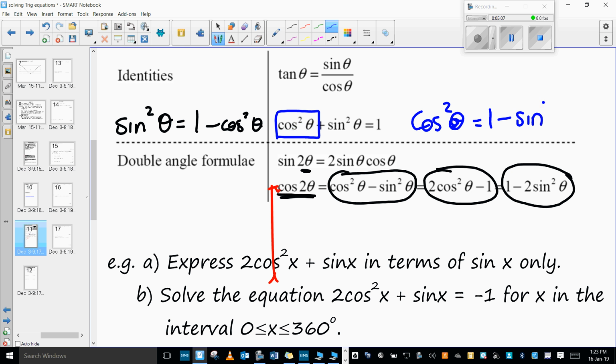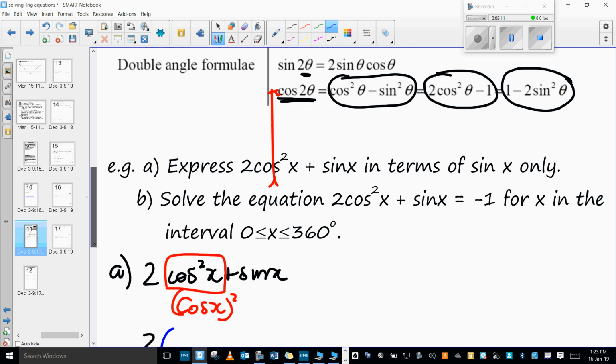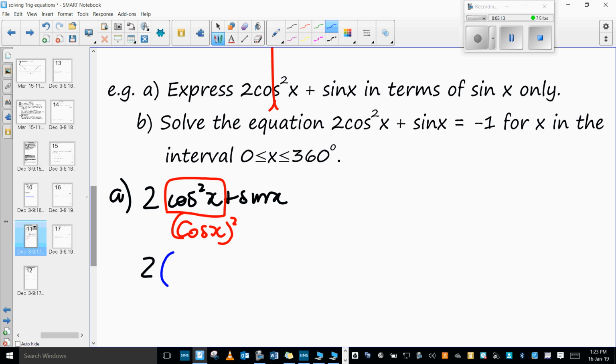Good. Okay. So down here, instead of writing 2 cos squared x, I'm going to write 2 lots of 1 minus sine squared x.